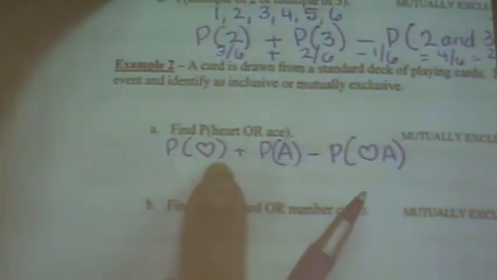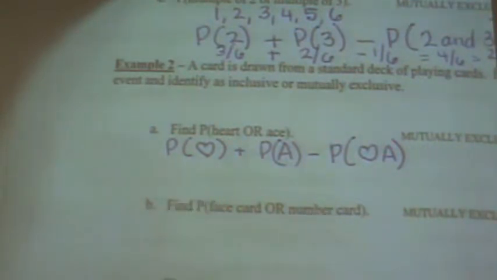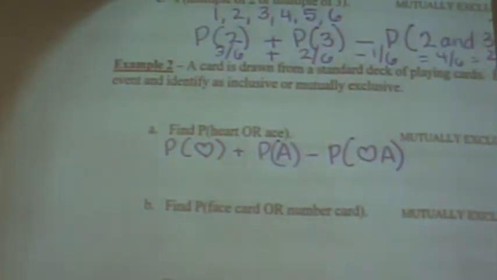So how many hearts are there? 10. Wait, including the face cards? There's 13. 1, 2, 3, 4, 5, 6, 7, 8, 9, 10, 11, 12, 13.